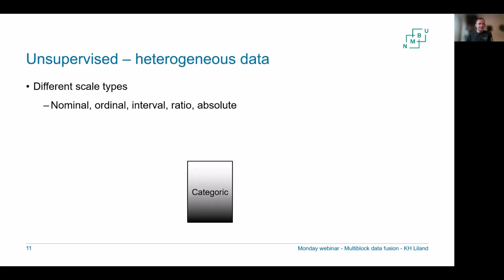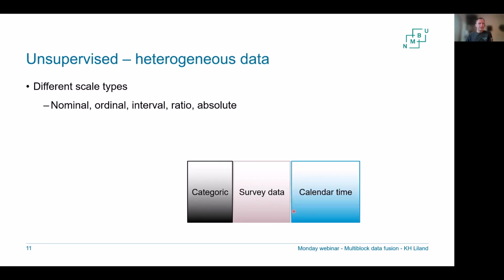Let's say that the nominal is categorical data. The ordinal are some survey data, so for instance, assessing some product on a scale. We could have interval data, so calendar time, for instance, ratio scale data, so for instance, the length of something, and maybe some absolute scale data that would typically be counts of something.